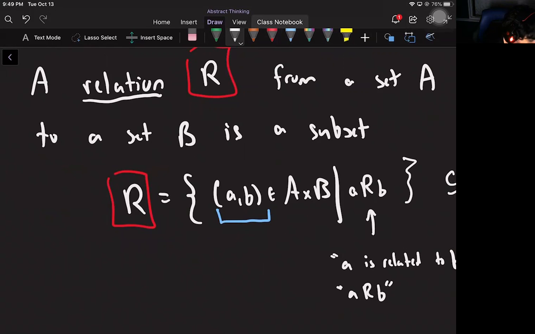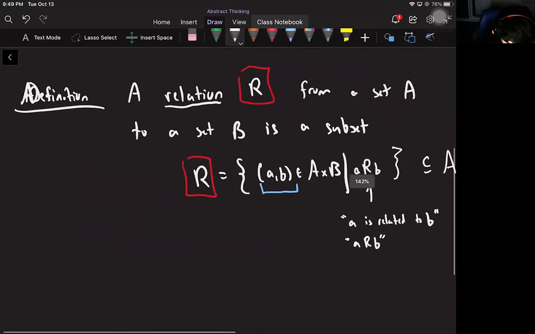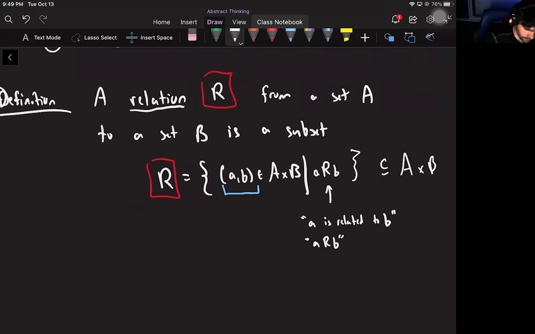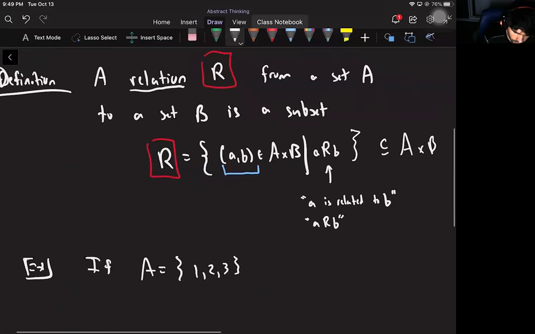Okay, so this definition is sort of tough to grasp all at once, but what we need is an example. So let's see, what do we need to make an example of a relation? Well, we need a set A. So of course, we'll start with some smaller sets before we move on to crazy stuff.